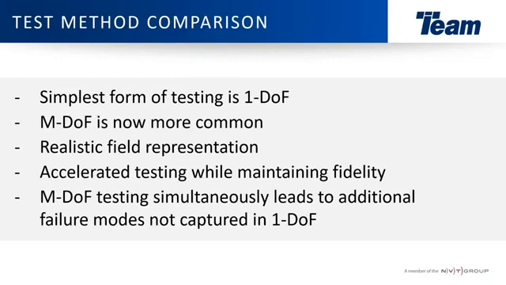It's what your products are actually seeing out in the field. It could lead to accelerated testing while maintaining the fidelity of your tests. But really, we want to talk about multi-degree of freedom testing simultaneously leading to additional failure modes not captured in the one DOF world.